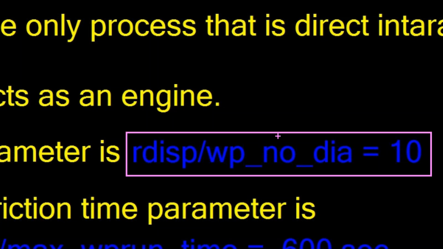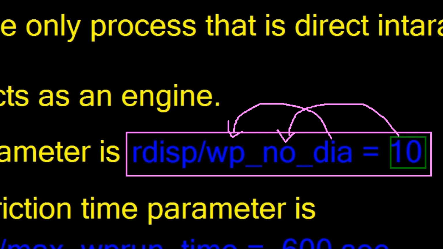The running dispatcher has 10 dialog work processes. But this number is not exactly 10, because just now we saw 20 work processes. So in our current running server, there are 20 dialog work processes. The number may change, but the work process is the same.